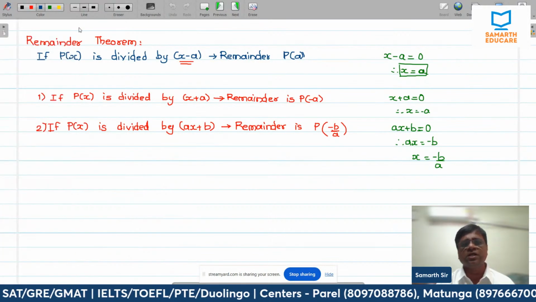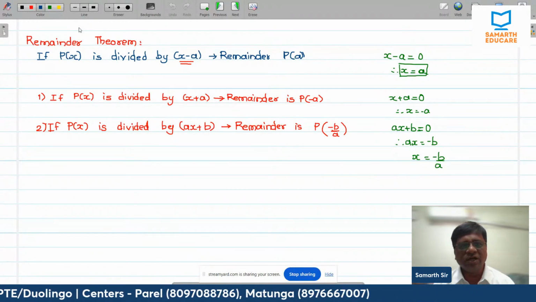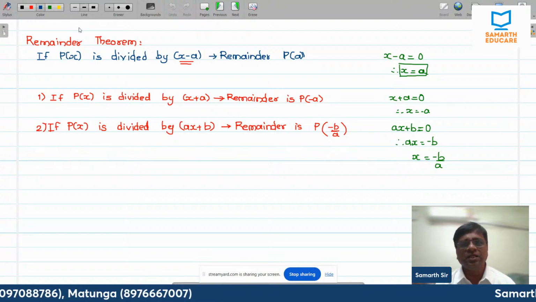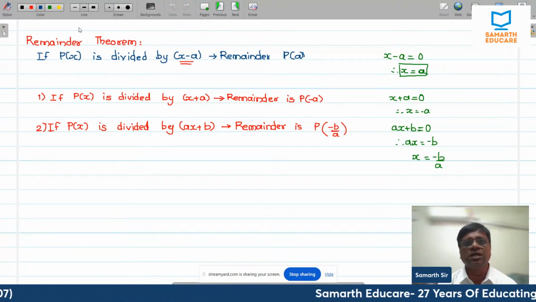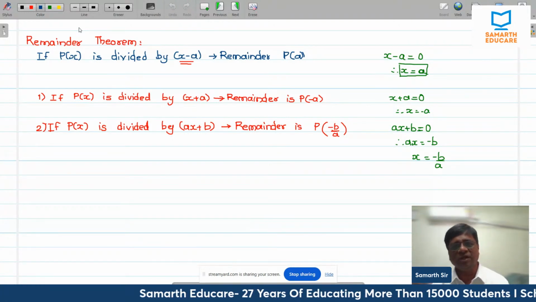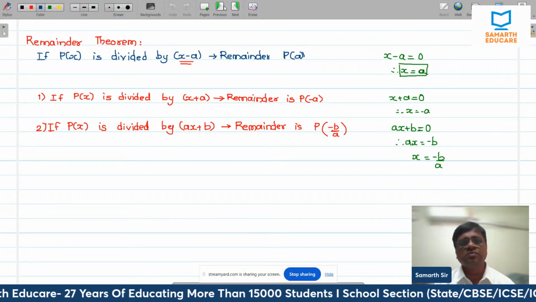The remainder theorem said that if a polynomial p of x is divided by any linear polynomial x minus a, then the remainder is given by p of a. That means if we replace x with a, the value we get for the polynomial is the remainder. We understood this for x plus a, ax plus b, everything.